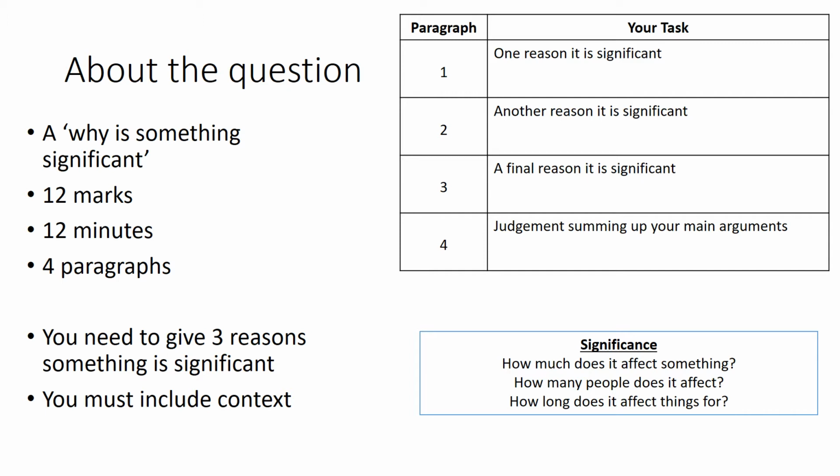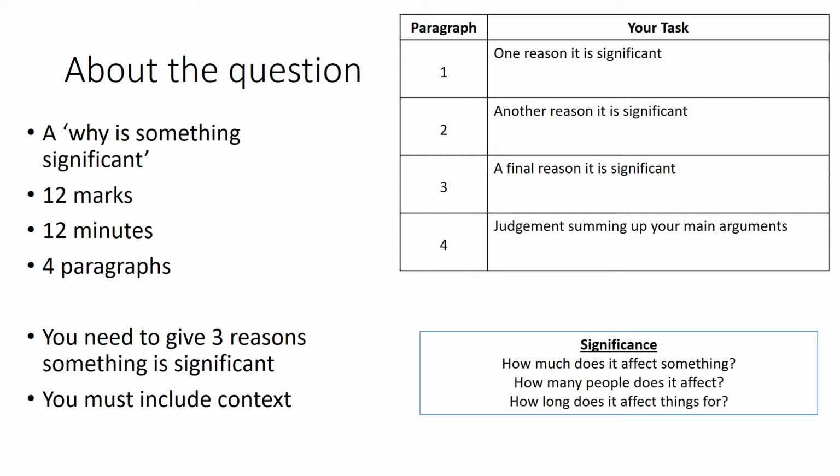Now, if you look at the box bottom right in blue, I kind of talk you through what significance means in history. Now, a similar word would be importance, but significance is something slightly different. And to assess significance, historians look at 3 things. How much does it affect something?